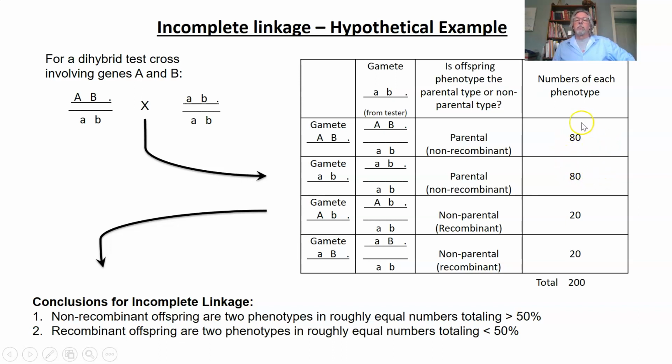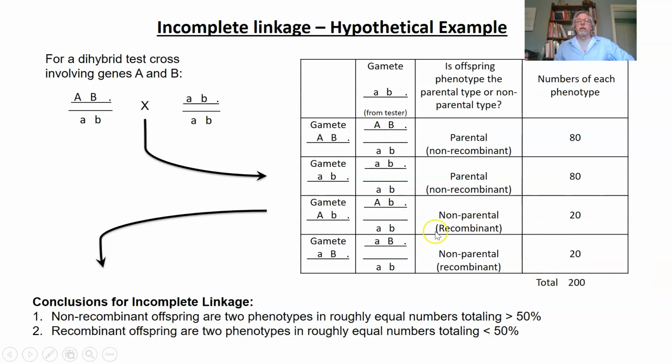And if you sum these 2 non-recombinant classes, they would total to more than half, more than 50% of the total offspring. Here's the total offspring down here. Sum these two, 160 out of 200, that's exactly 80%.